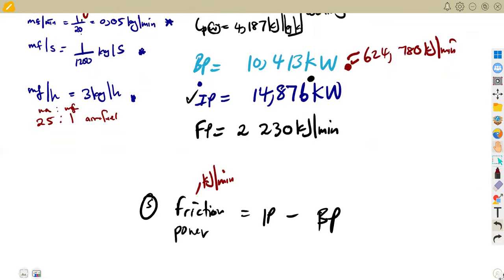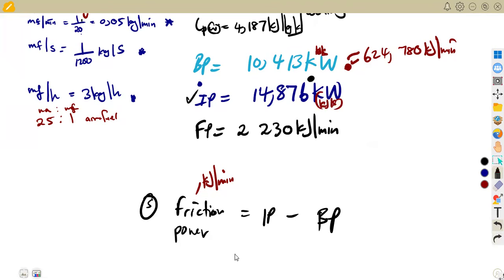Guys, we saw that conversion which took place here, on the brake power. We changed it to kilojoules per minute. How so? By multiplying by 60, because we said the kilowatt means kilojoule per second. If we check, we have got indicated power here in kilowatt. And I said the kilowatt means kilojoule per second.